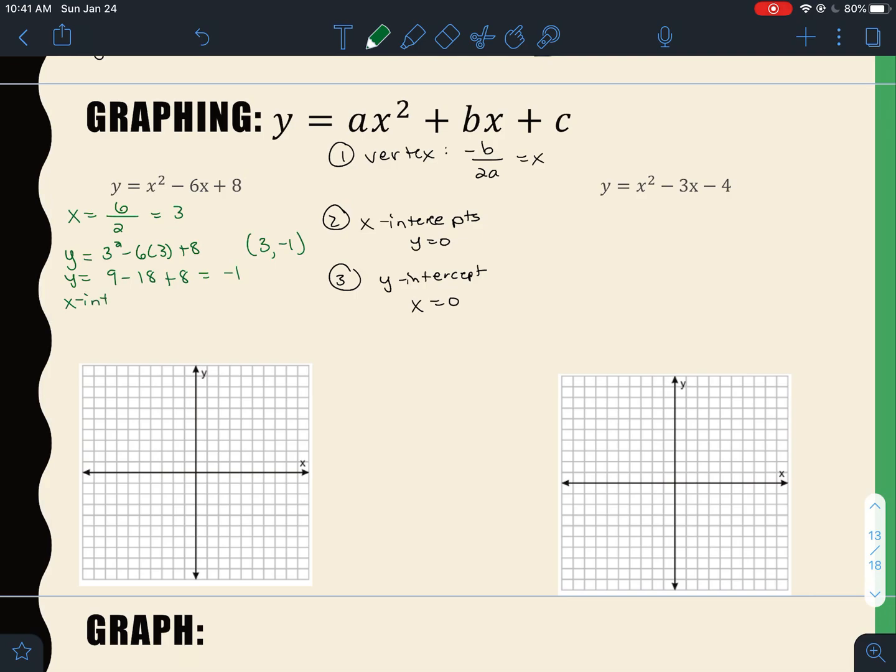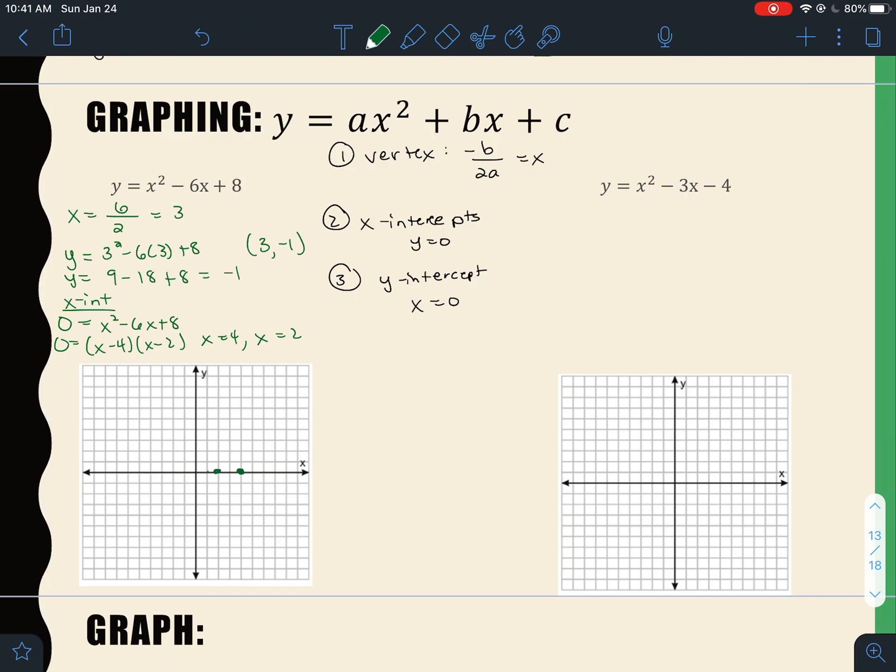And then to find your x-intercepts, let y be 0. So 0 equals x squared minus 6x plus 8. Can you multiply to 8 and add to negative 6? Yep, it would be x minus 4, x minus 2 equals 0. So my 2 x-intercepts are 4 and 2. So it's going to cross the x-axis at positive 4 and positive 2.